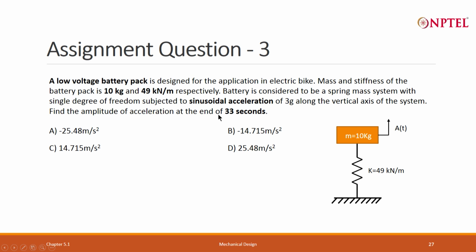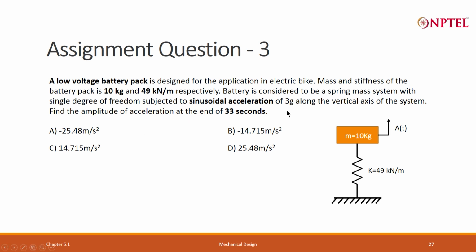So, what you have to do? You have to use the equation f equal to f0 sin omega t. T you know, the mass you know, the k you know, so you know the omega. You also know f naught, that is 3G. It is basically acceleration, so you need to convert into f0.